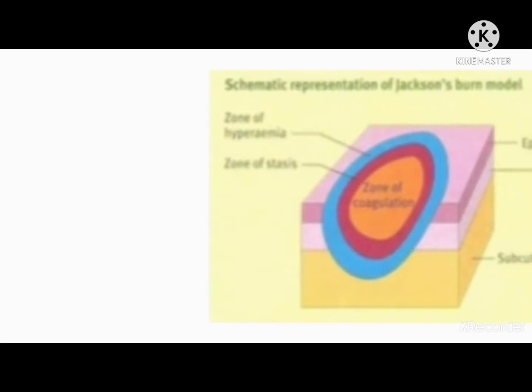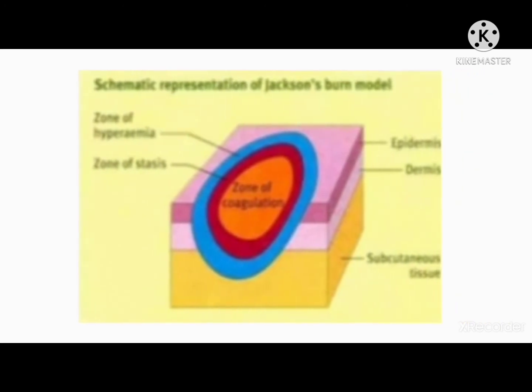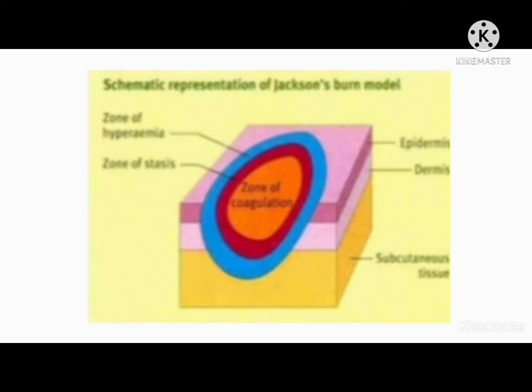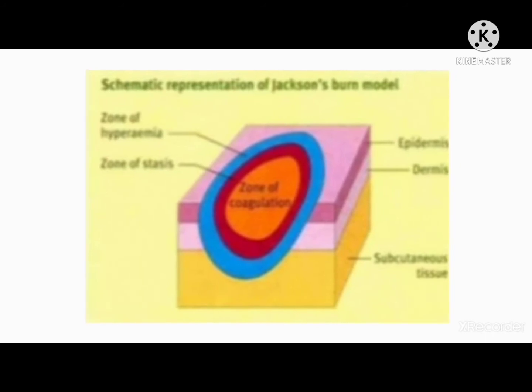We can understand this by the example of a burger. In a burger, the upper part is bread, the lower is bread, and in between there is salad. Same here with the skin: the innermost yellow is the zone of coagulation, then reddish is the zone of stasis, then the zone of hyperemia.